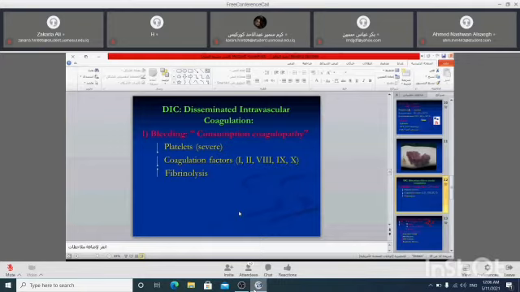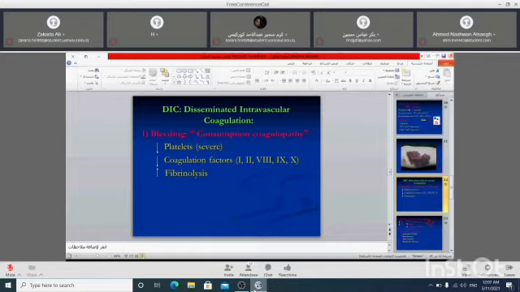As a result of activation of thrombus formation in DIC, DIC sends many small thrombi in the circulation. What happens? There is consumption of the coagulation factors and the platelets in these thrombi. So as a result of many thrombi forming in the circulation, there is consumption of platelets and coagulation factors.